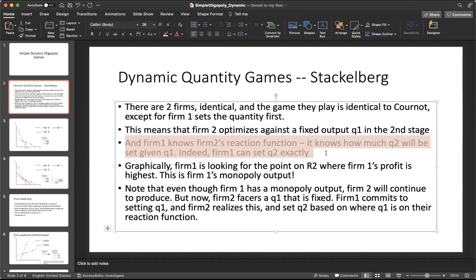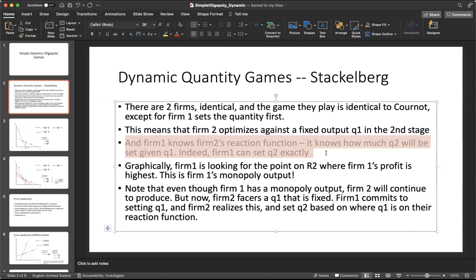Firm 1 knows firm 2's reaction function. What does that mean? The reaction function comes from the residual demand curve. And firm 1 knows firm 2's residual demand curve, because firm 1 is the one creating it. Firm 1 decides to produce Q1, and that will produce a residual demand for firm 2.